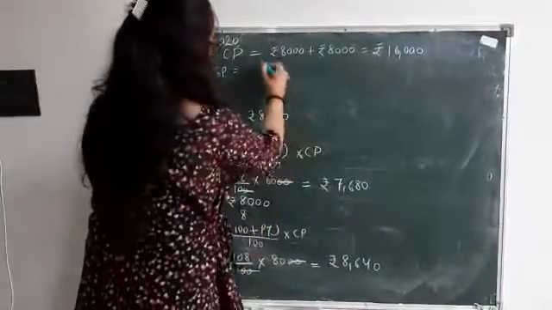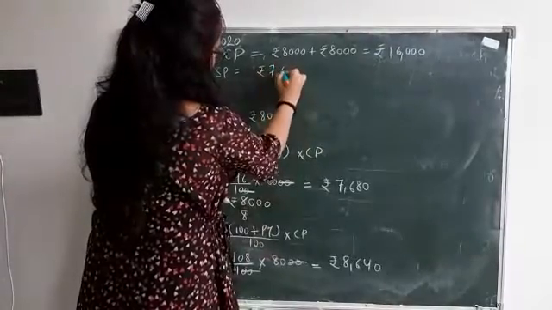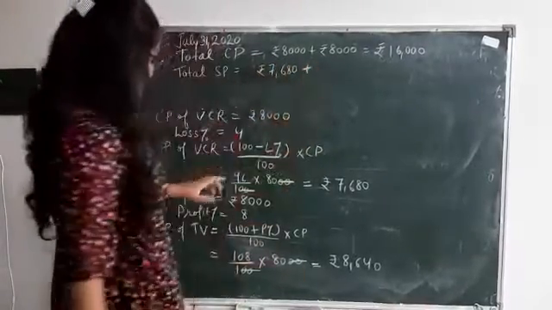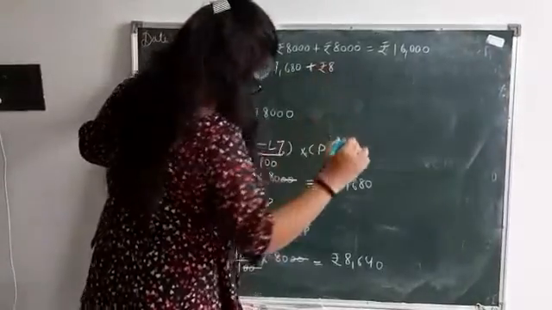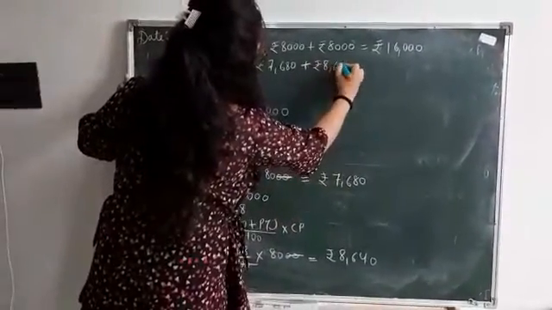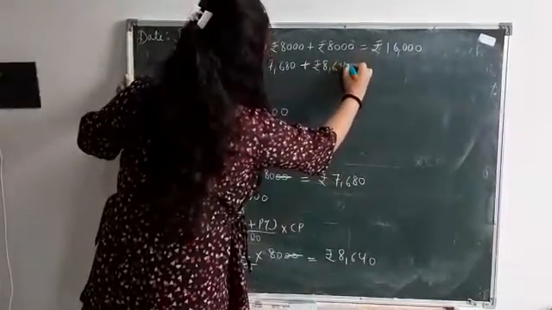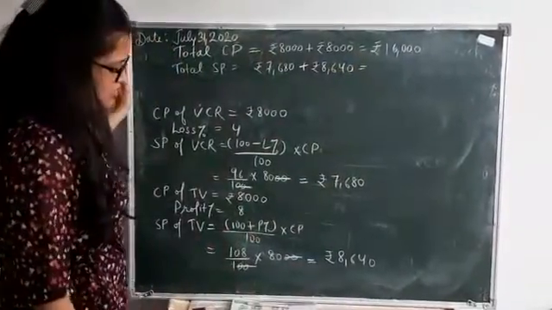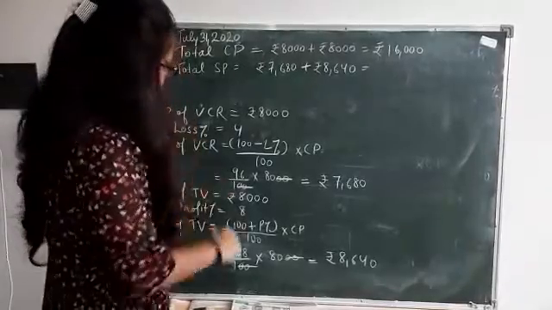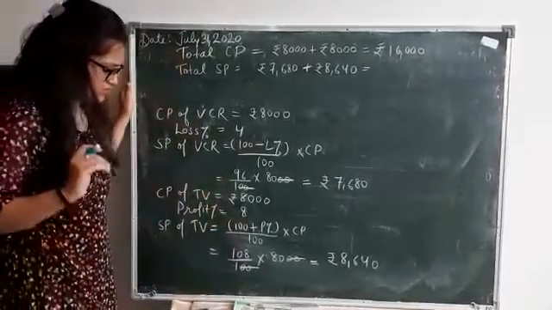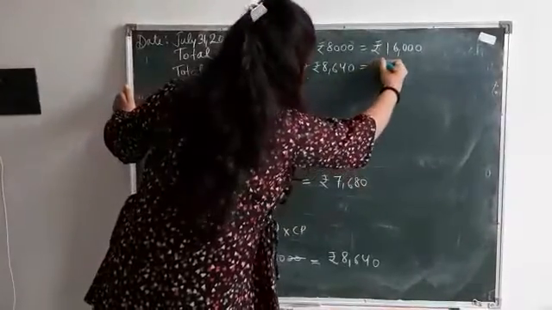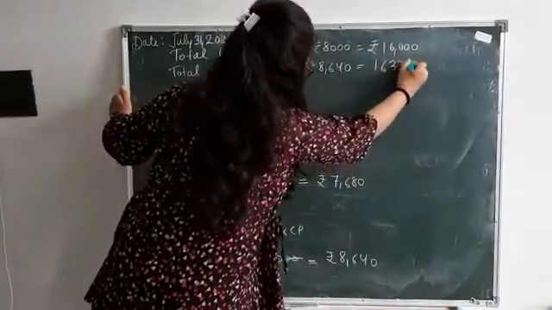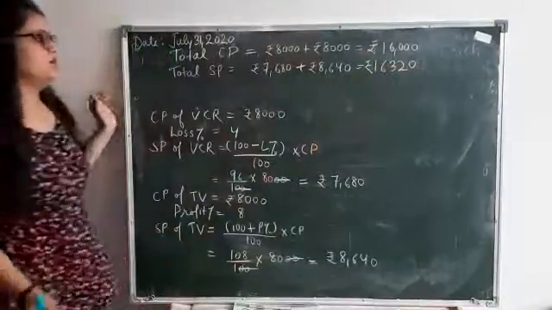Selling price of VCR is rupees 7,680 and selling price of TV is rupees 8,640. And after addition, add these two selling prices, you will get 16,320 rupees.